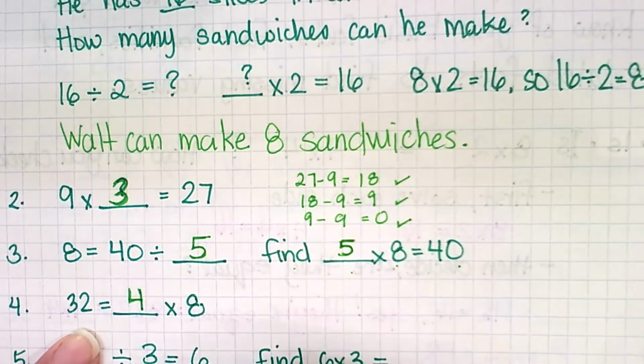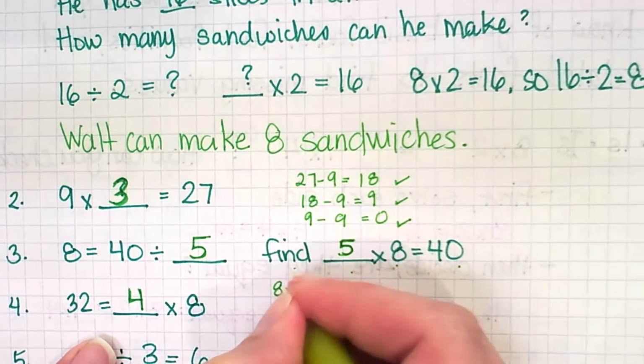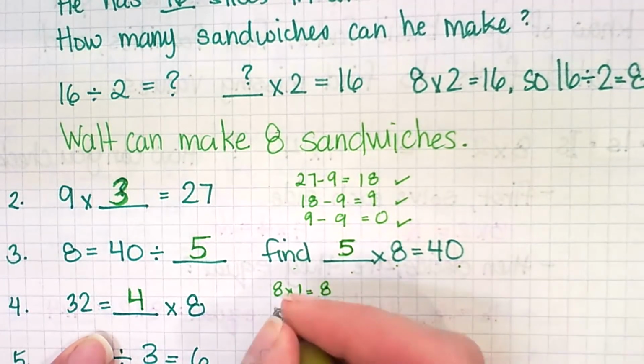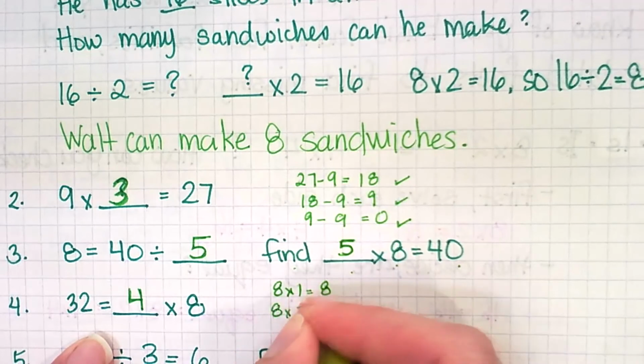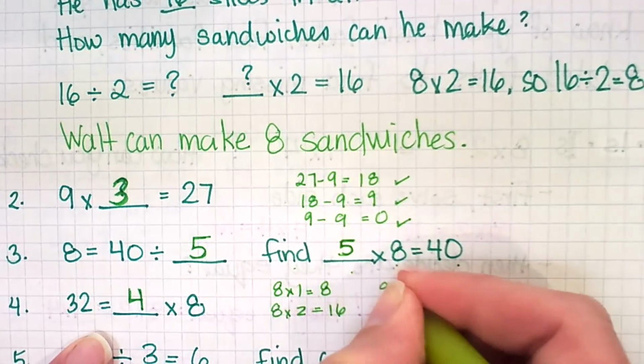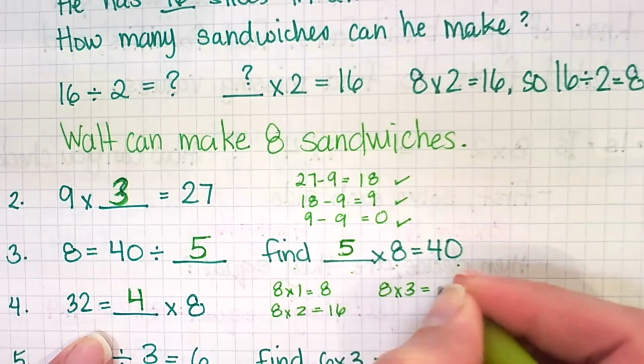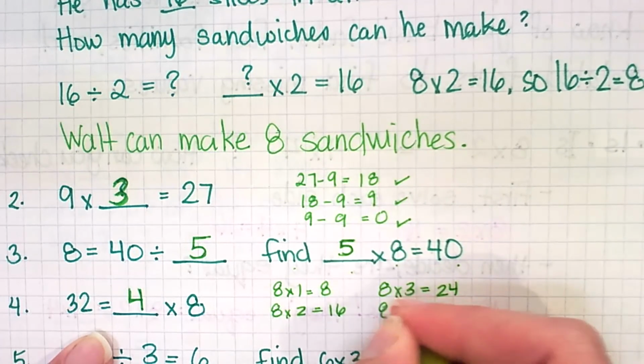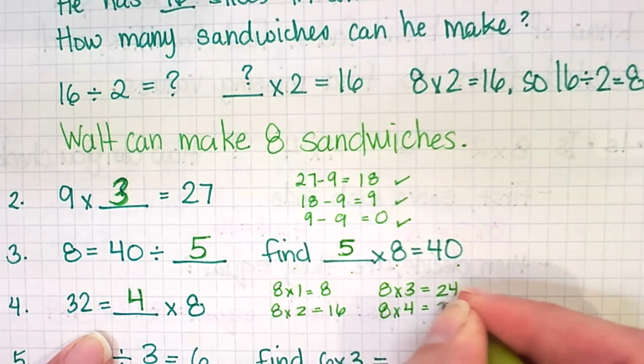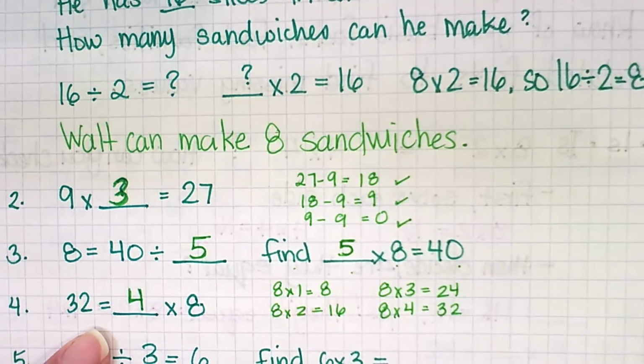So over here, I know 32 is equal to 4 times 8. And I can write my facts in case I'm not sure. And I know I was able to do that 4 times.